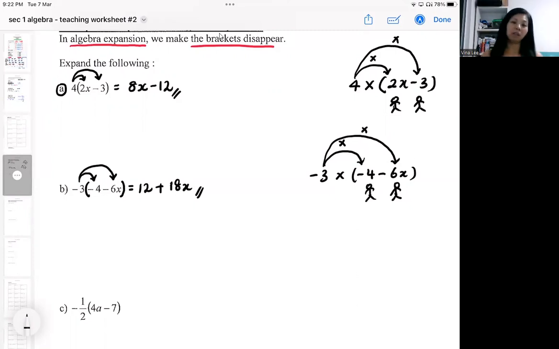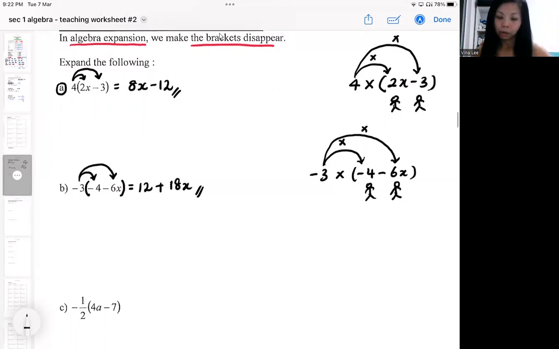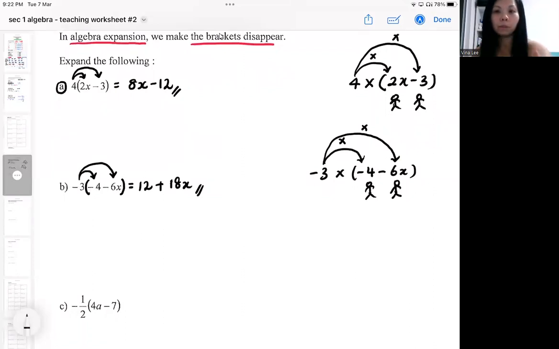So you think about distributing something to two people. When you have distributed, the bracket must disappear. Don't confuse yourself by still putting in the bracket. The bracket is like a door: you open the door and you give the food to the people inside already. So the door is already open.